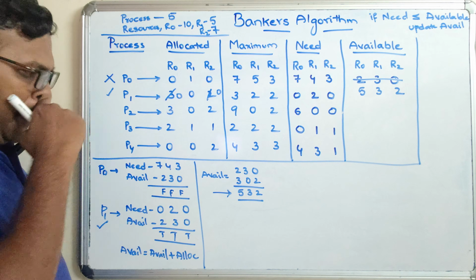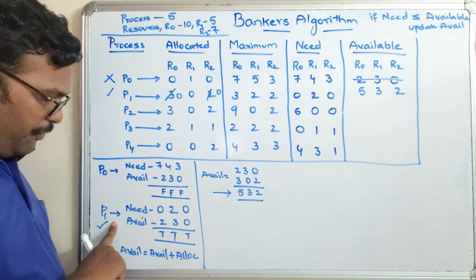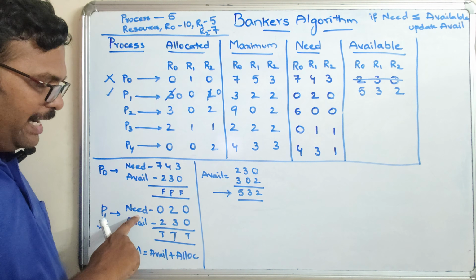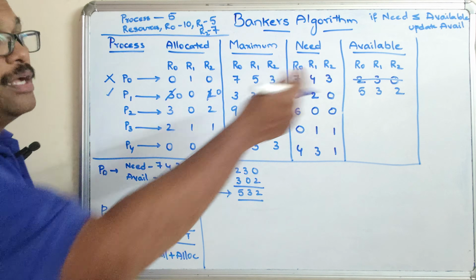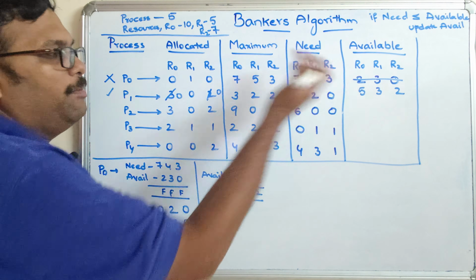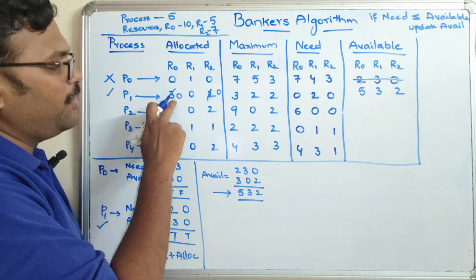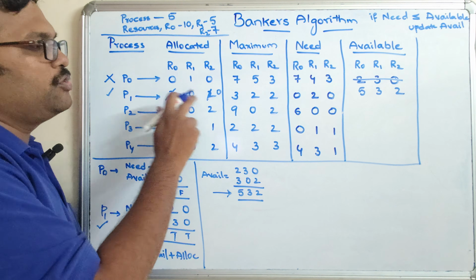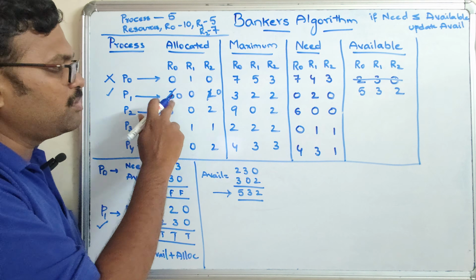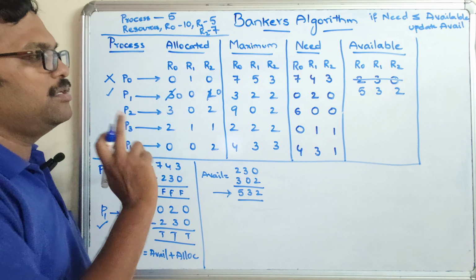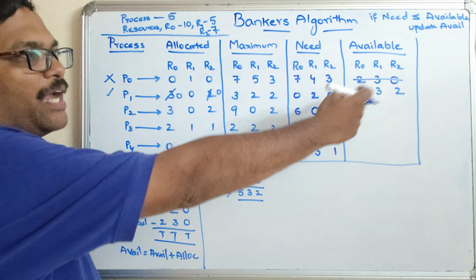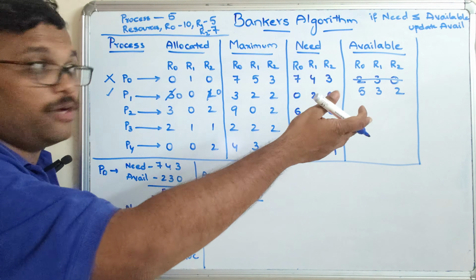Hope you understood. While executing P1, need resources were less than available, so the available resources were allocated to P1 and it was completed. Once it was completed, we deallocate the resources which were allocated, and they are added to the available.